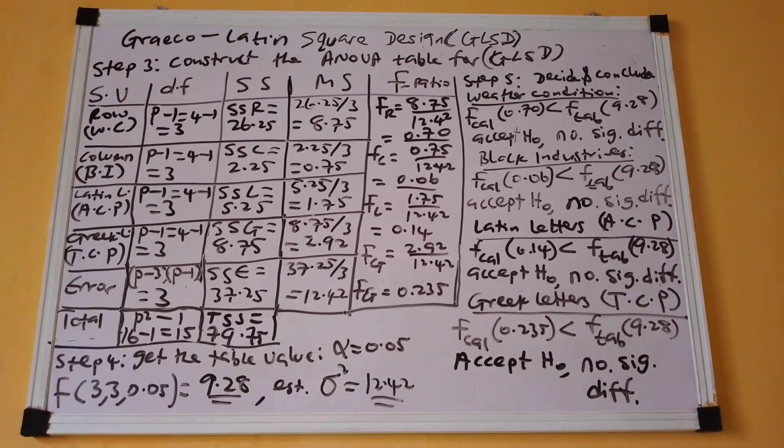So you can see that we have been able to carry out this analysis from the beginning to the end. It's a bit cumbersome, tedious, and time consuming, but it is worth it. I hope you have learned something patiently from the beginning to the end.